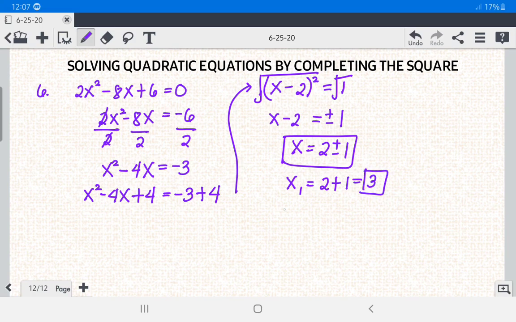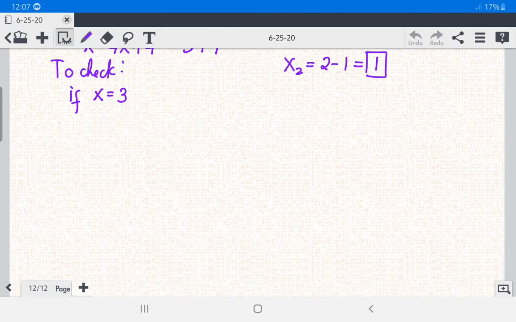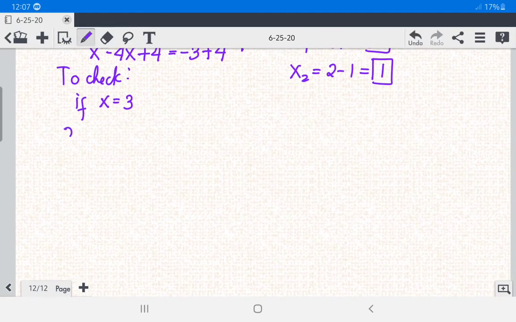Okay? So, again, we're going to check. If x is equal to 3, using the original equation, 2x squared minus 8x plus 6 equals 0, you substitute. We have 2 times 3 squared minus 8 times 3 plus 6 equals 0.